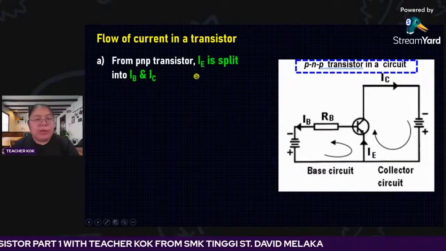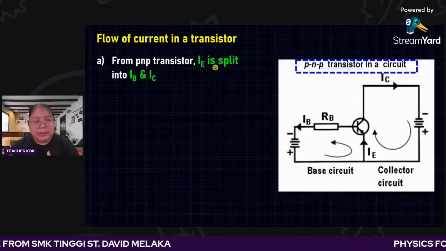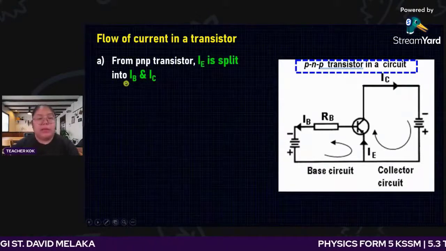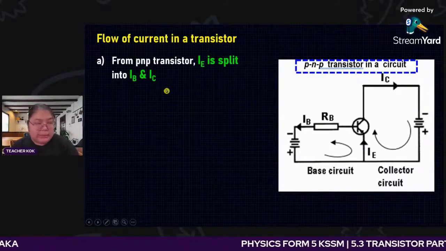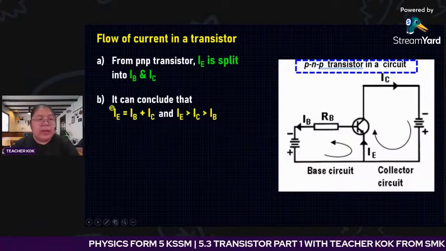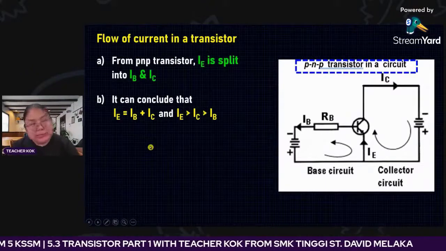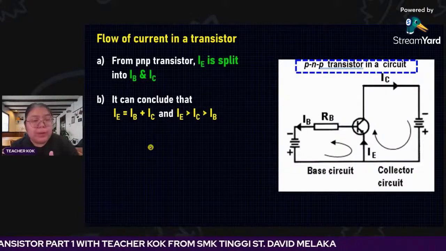In the PNP transistor, IE is split. It does not collect, it splits into IB and also IC. So you can conclude that IE is IB plus IC, because it splits.